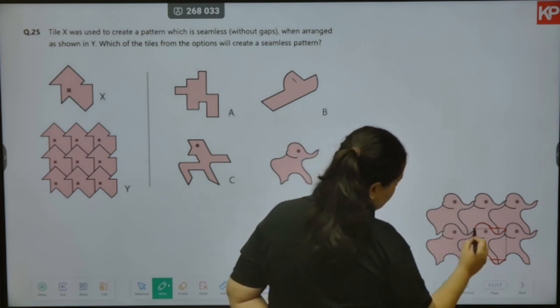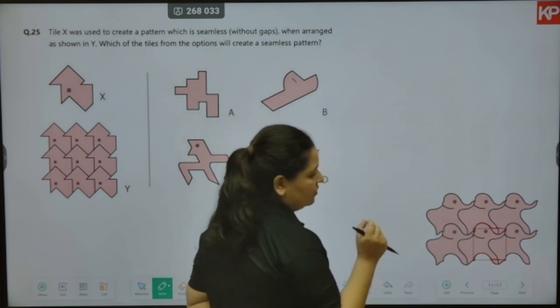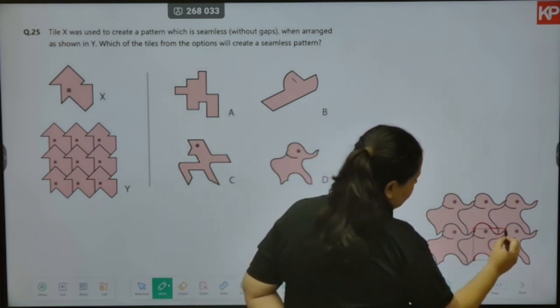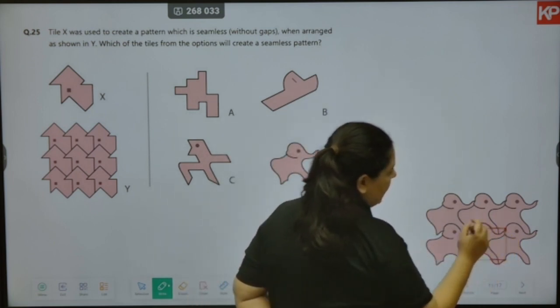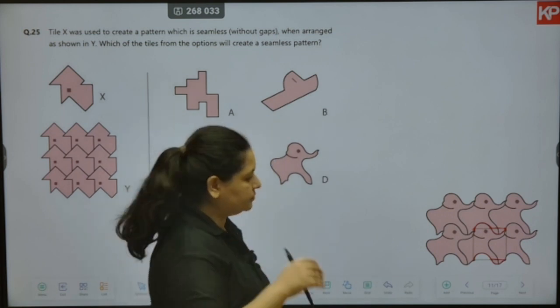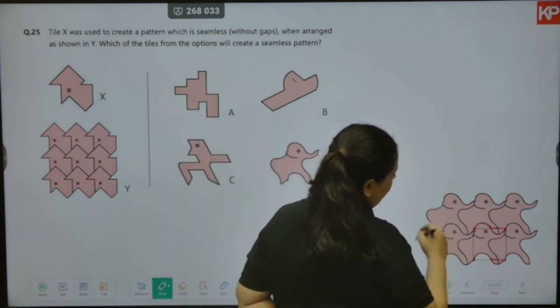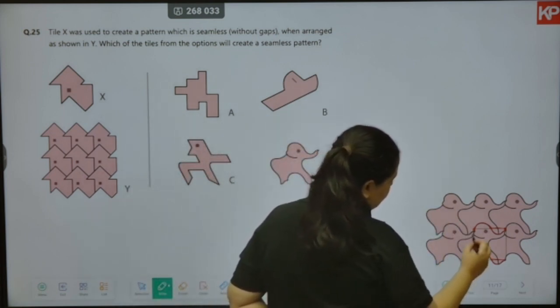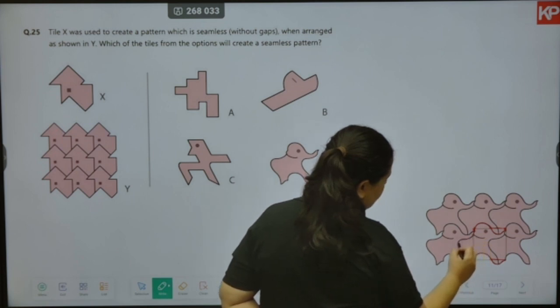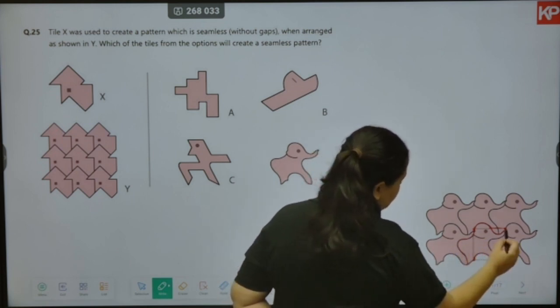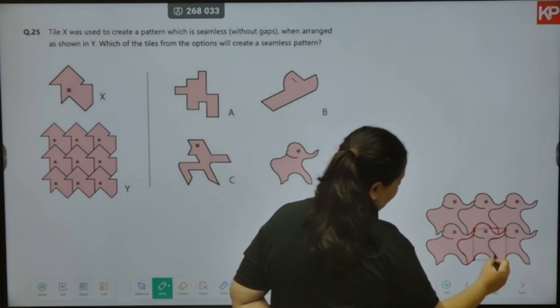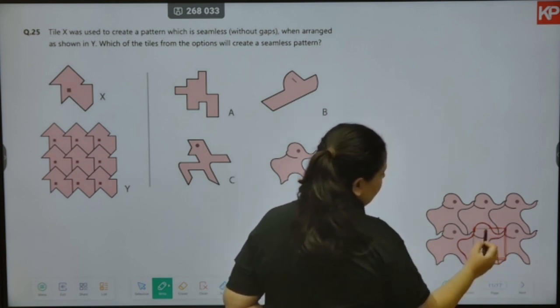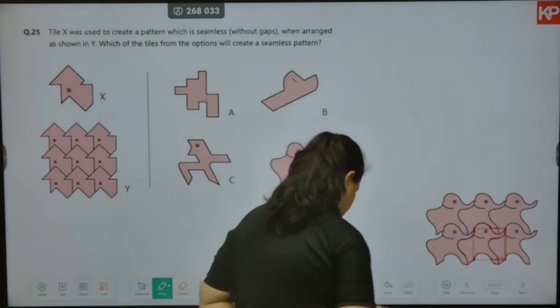Now what is happening with this? You have a small portion which has been deducted from here and the small portion has been added towards the right near the limb of the elephant. Now what is happening here? This particular shape is getting added in this and it is getting subtracted from this, and hence we get an elephant-like shape over here.